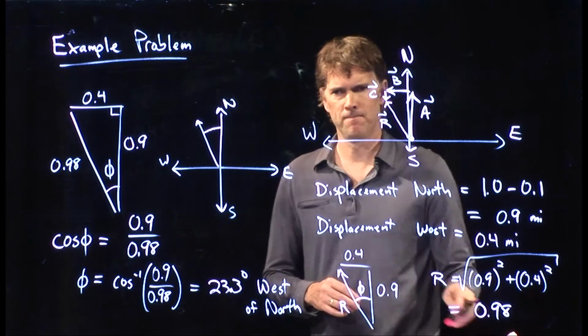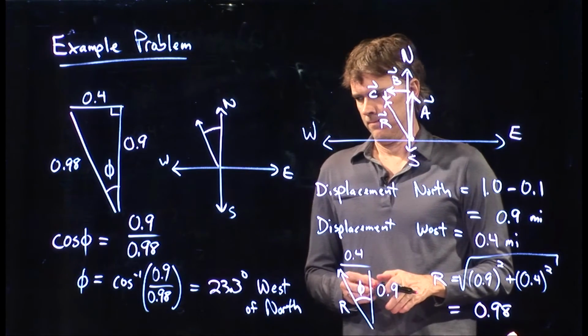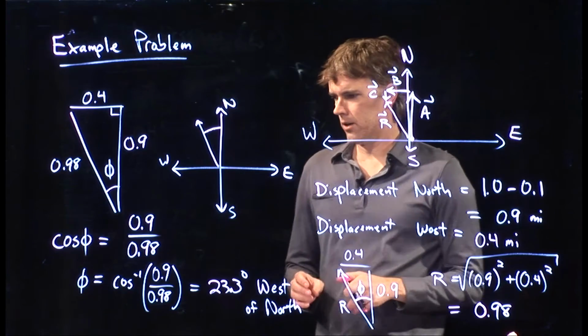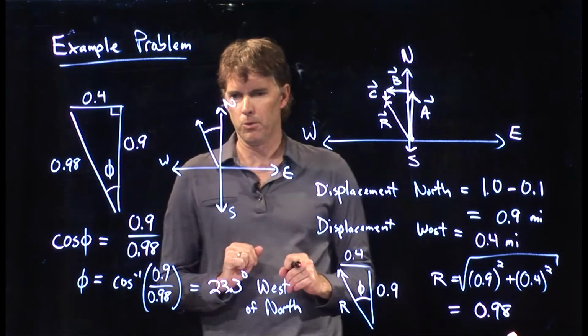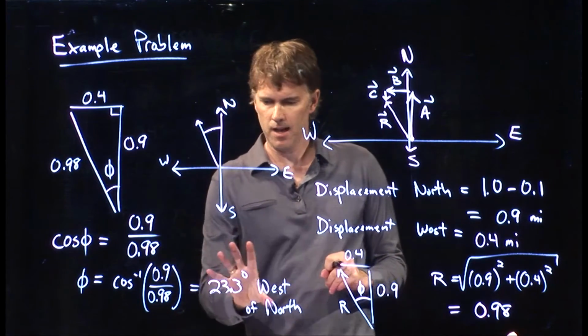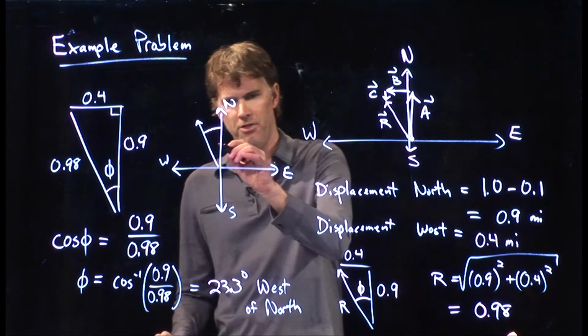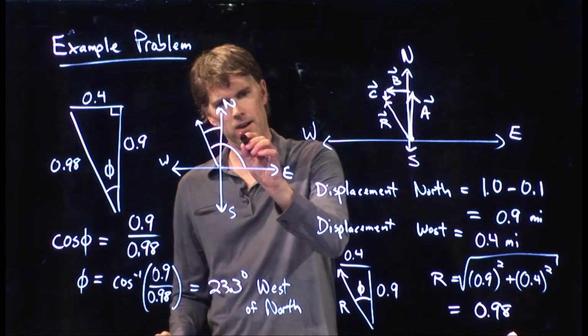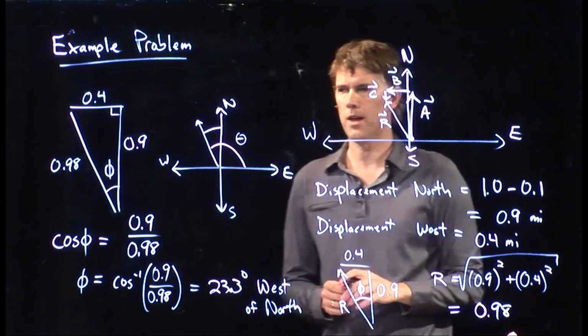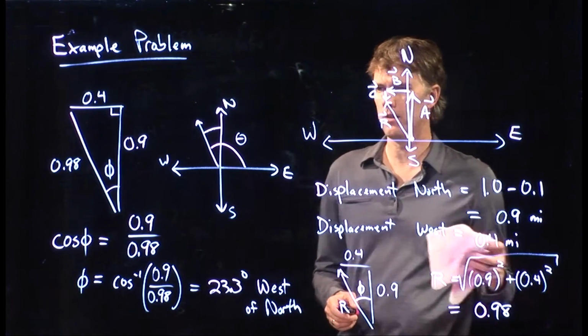Aren't we trying to find theta, not phi? Well, we can describe this angle however we want. So once we get phi and we write it like this is plenty descriptive. If you wanted theta, okay, we could write that out.